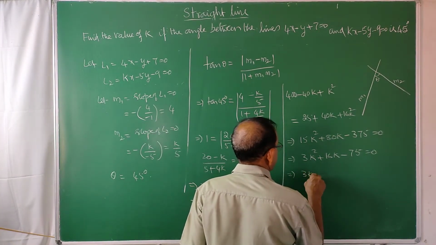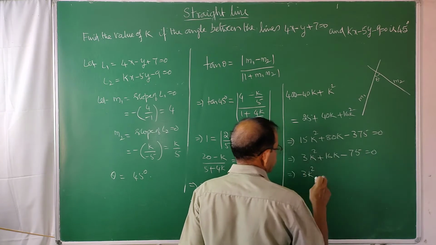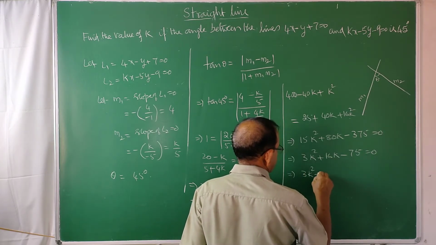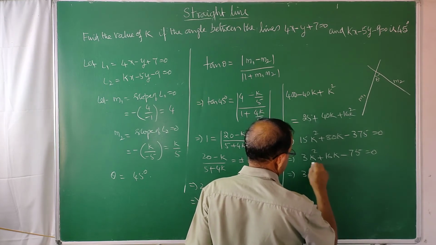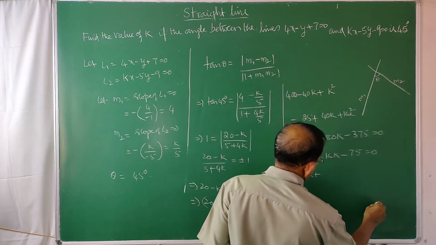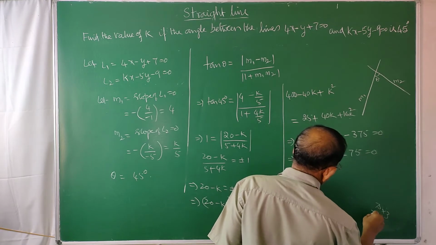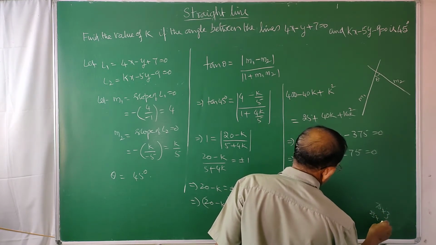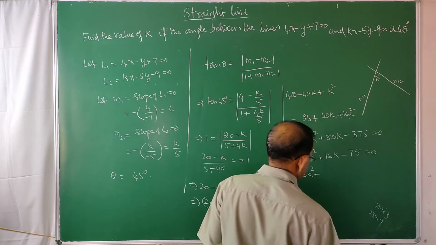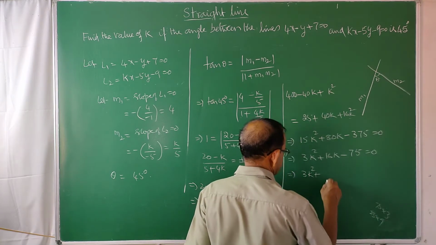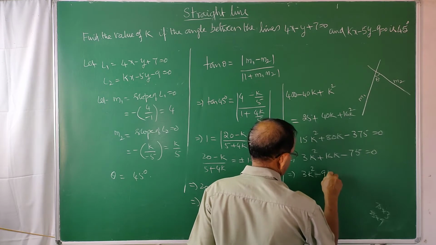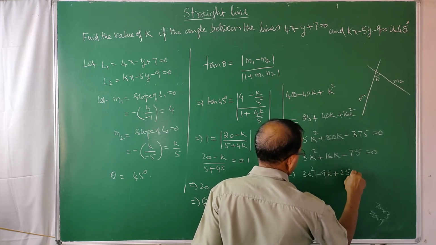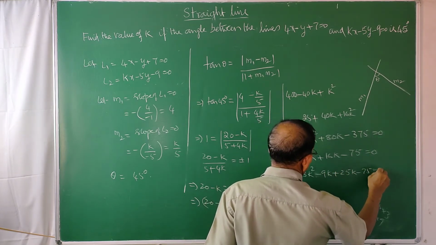3k square, 75 into 3, how to split this middle term? That is 25 into 3 into 3, that is 9 and 25 we can write. So it is minus 9k plus 25k minus 75 is equal to 0.